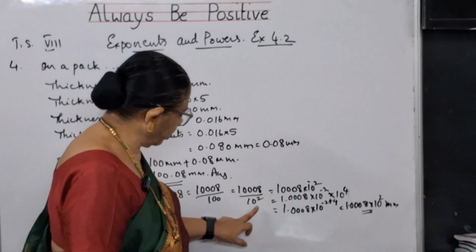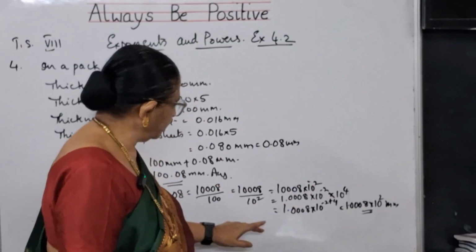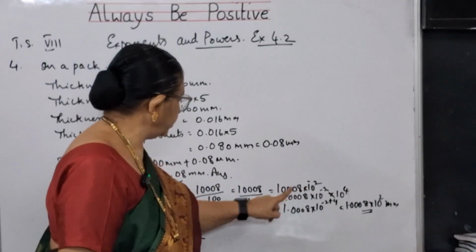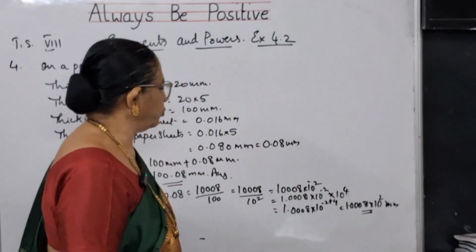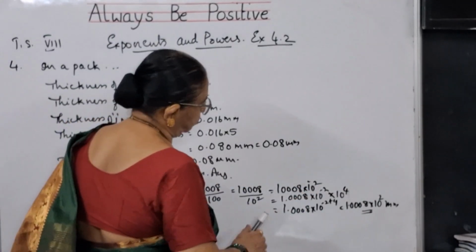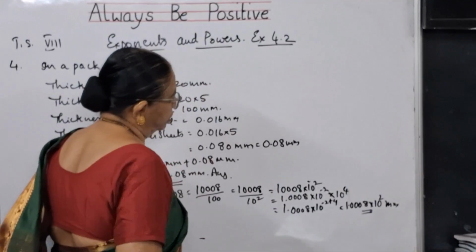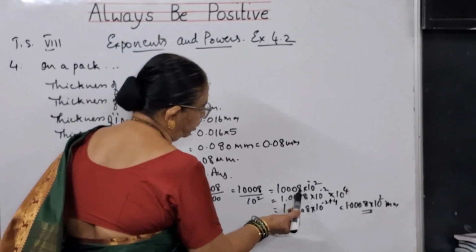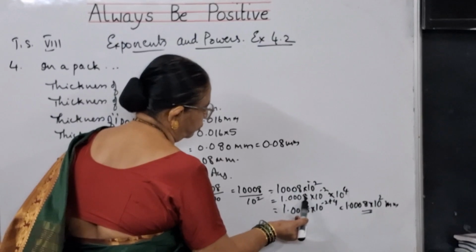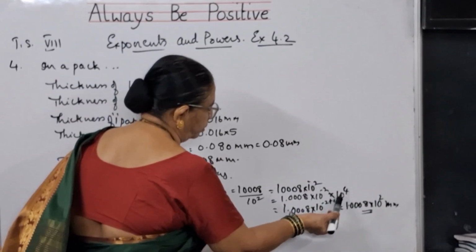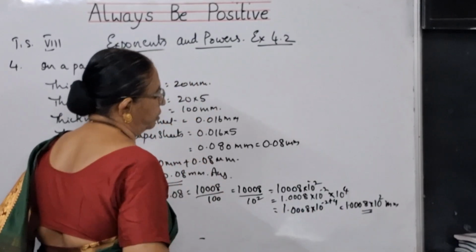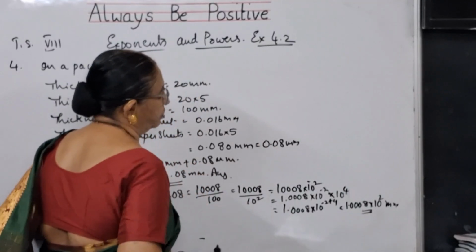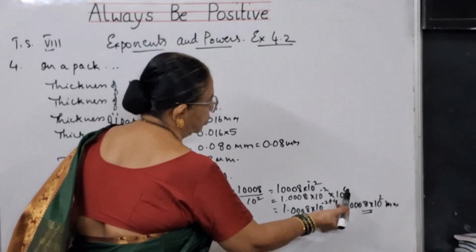So this 10 square, when it goes to the numerator, 10008 into 10 to the power of minus 2. Now in standard form, we have to keep a decimal after the first digit. This is 1. So 1.0008, 4 digits, into 10 to the power of minus 2 into 10 to the power of 4. Why did I write 4? Because before 4 digits I have kept the decimal. So 10 to the power of 4.